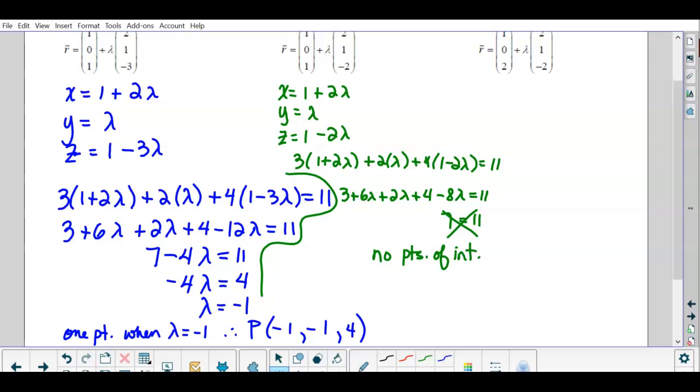What's a fast way of telling if a line is parallel to a plane? So if you have the Cartesian equation of a plane and you have a line, what's the fast way of telling if it's parallel?